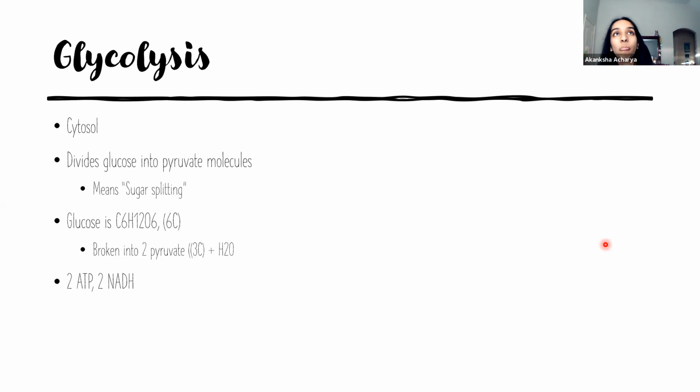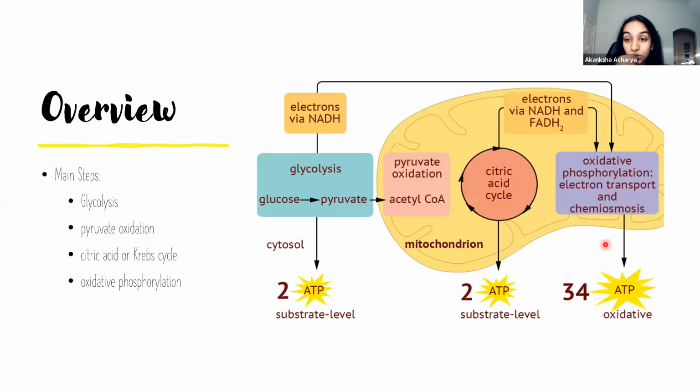NADH is important because all of these steps, for the most part, are creating a lot of NADH. And during the last oxidative phosphorylation electron transport section, the energy within these NADHs is going to be used to create ATP.